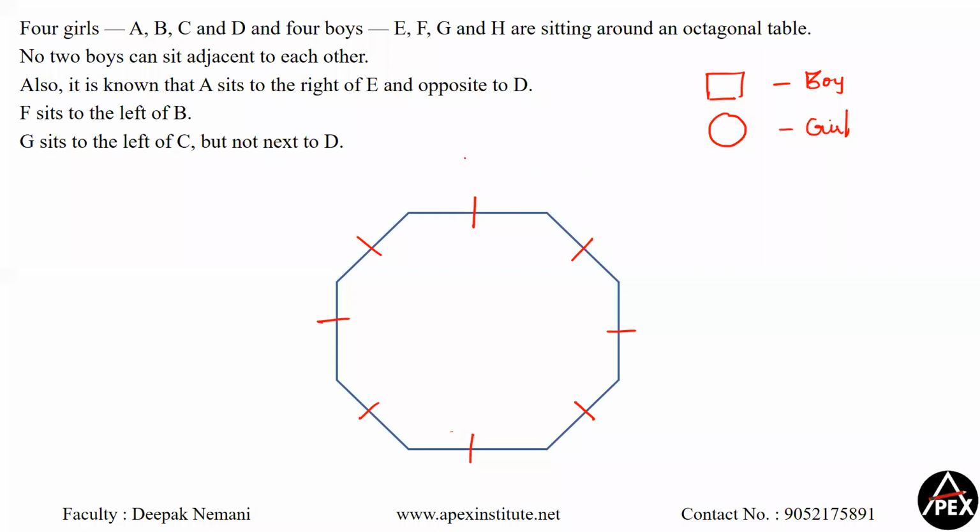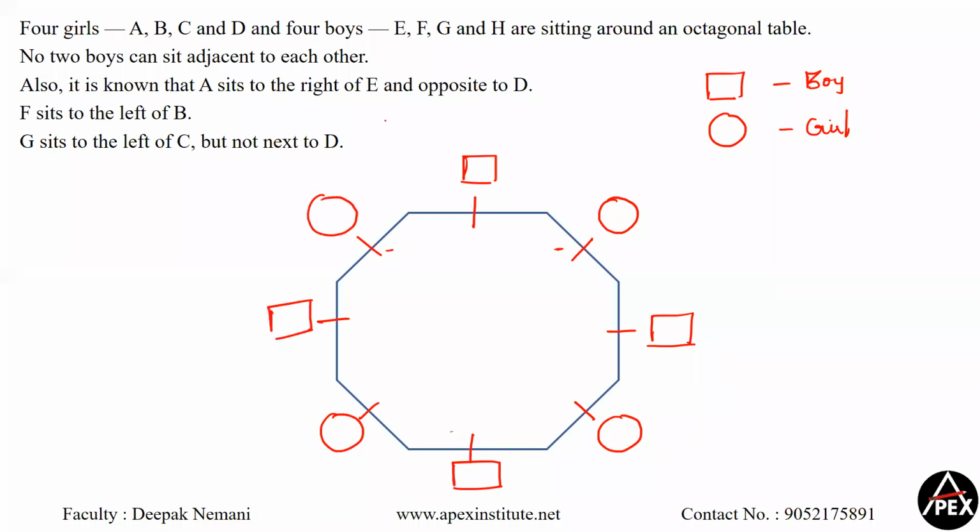Okay. Now, if I have a boy sitting here, now who will be sitting in these 2 places? Boy or girl? Girls. Okay. So you cannot have a boy sitting here, so you will be having a girl sitting here, then a boy here, girl here, boy, girl, boy, and a girl.